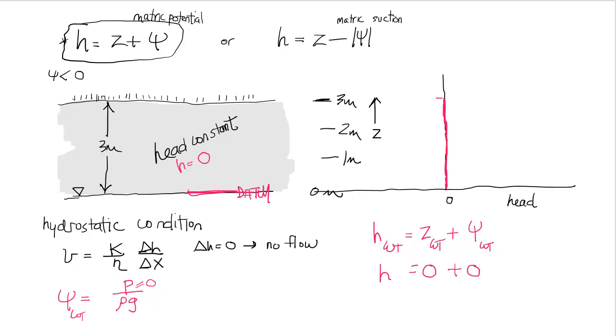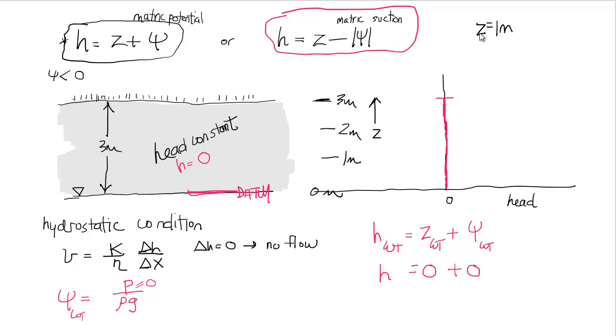Now think about what that means. Let's say we are at an elevation 1 meter above the water table. So let's actually use this equation over here, because I think this one makes it a little easier. This one over here in terms of matrix suction. So if the head is everywhere 0, let's say that z is equal to 1 meter, 1 meter above the water table.